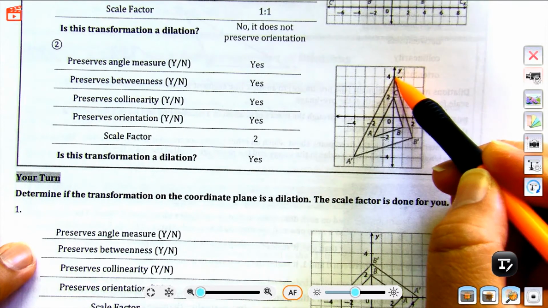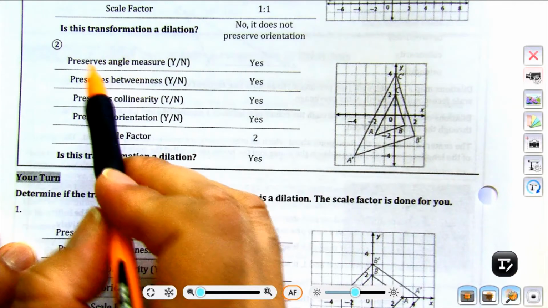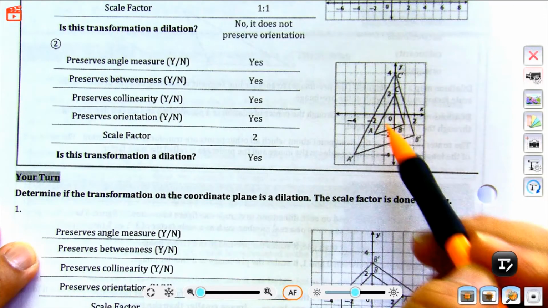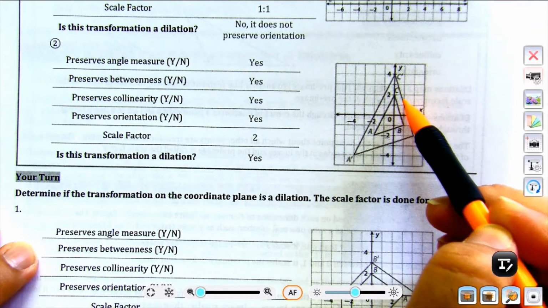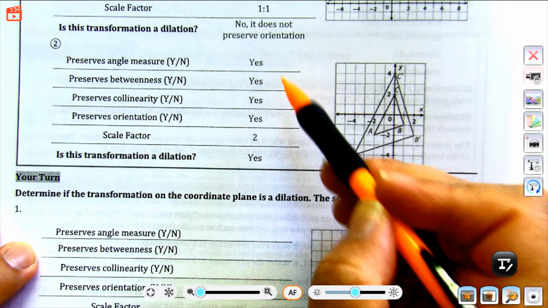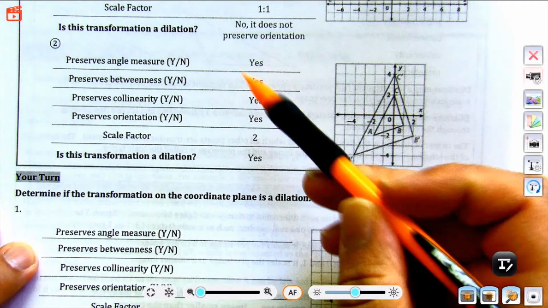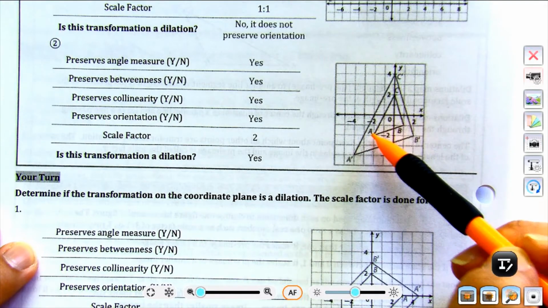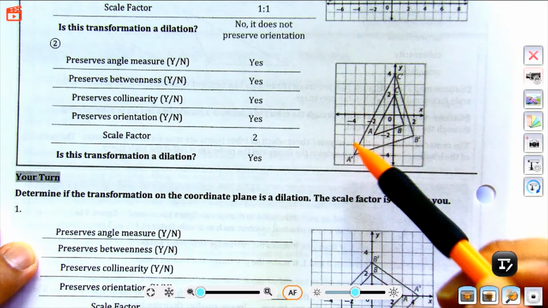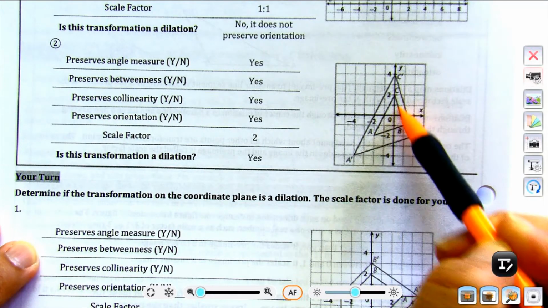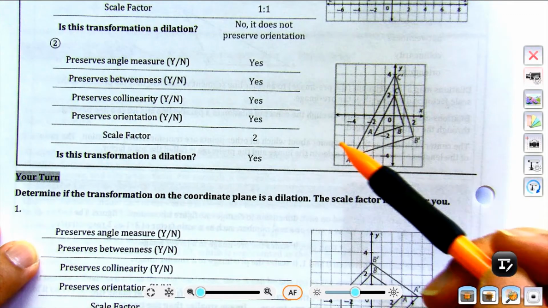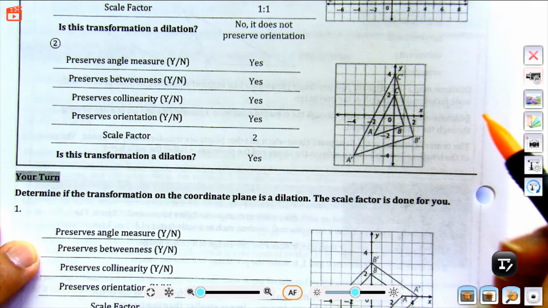The betweenness is also a yes because you have ABC, ABC. Collinearity, these points are on a straight line. All of these are on a straight line, so that's a yes. And then the orientation. Look at how this object is orientated. This object is facing this way and this object is facing this way. They actually have the same orientation.